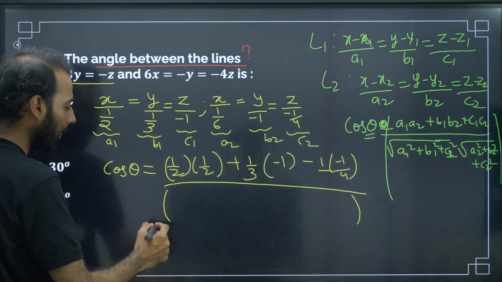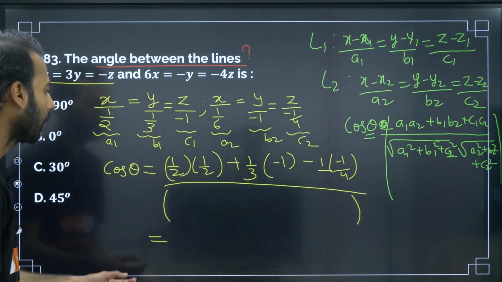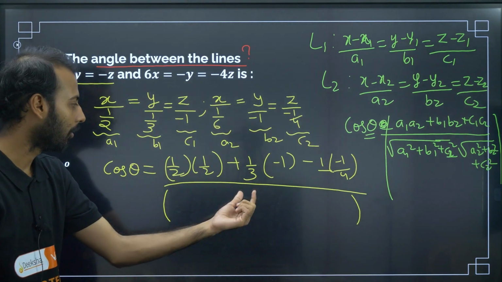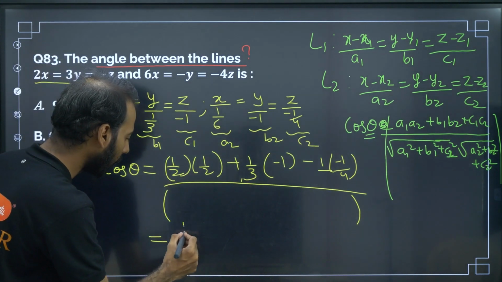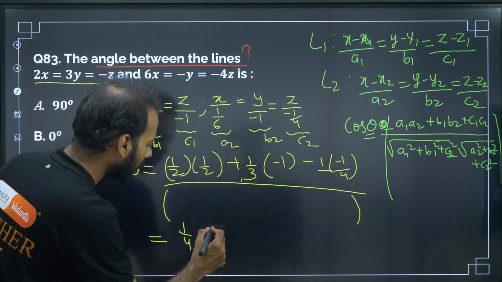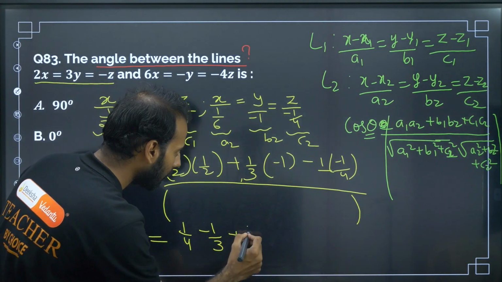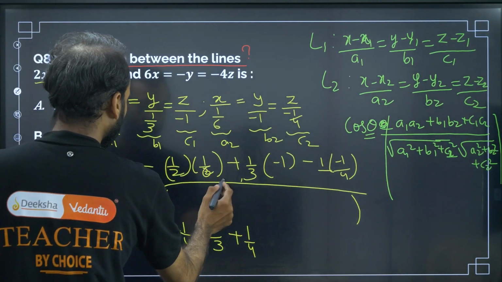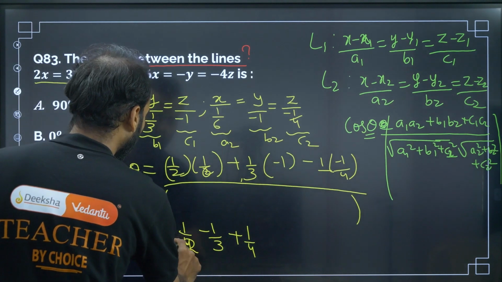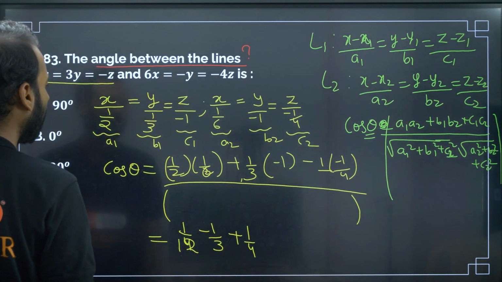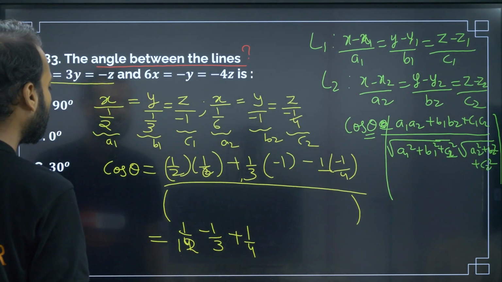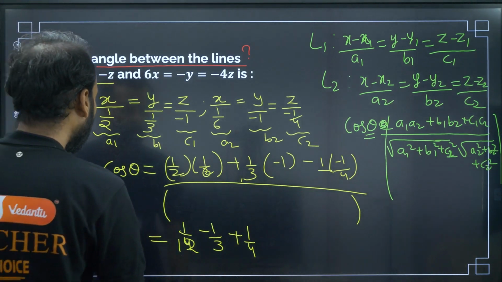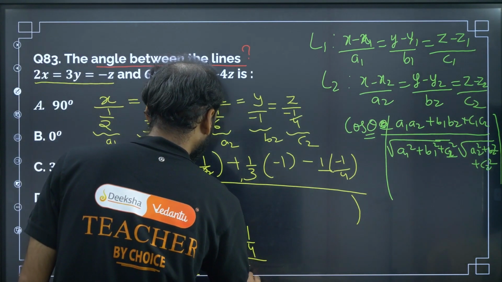First we'll simplify numerator, because after simplifying numerator we'll go for denominator. For now we'll go for numerator. 1 by 4 minus 1 by 3 plus 1 by 4. a1 a2 is 6, so 1 by 12, a1 a2 b1 b2 c1 c2. Okay, fine. Now denominator, whatever it is, we'll calculate later.